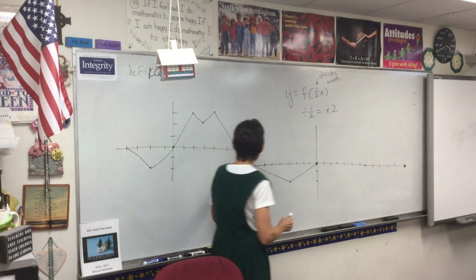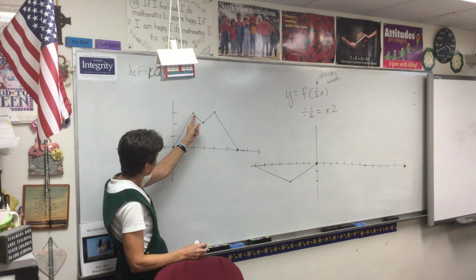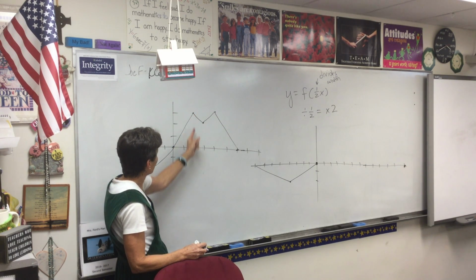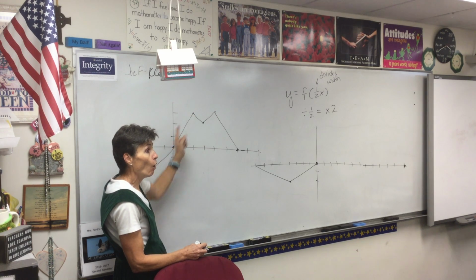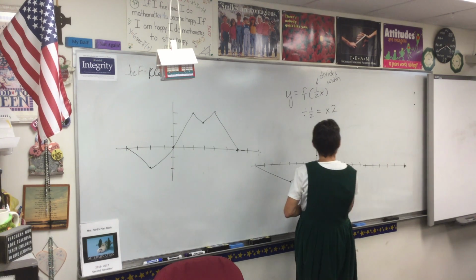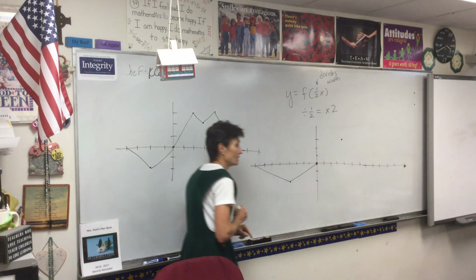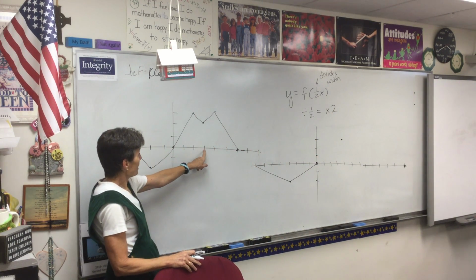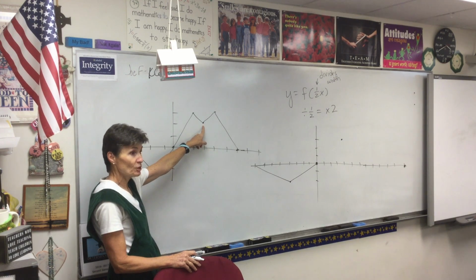Now, right in the middle, if you're confused, look, to get that first peak, you went over 2 and up 3, right? So you're going over 4 and up 3. So over 4 and up 3. And then this one, this dot, is over 3 up 2.